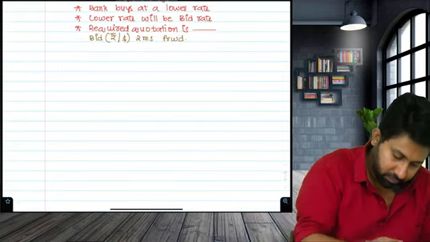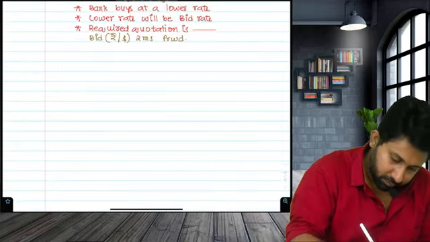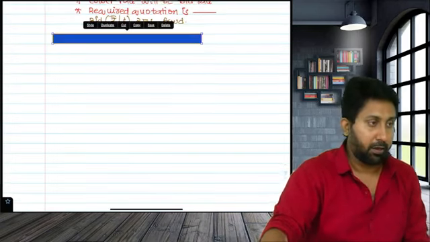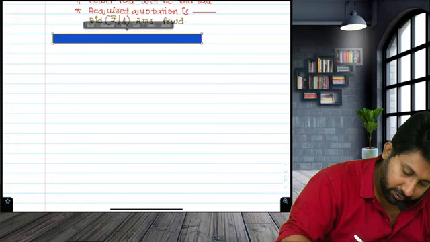Now write down. Calculation of forward rate.